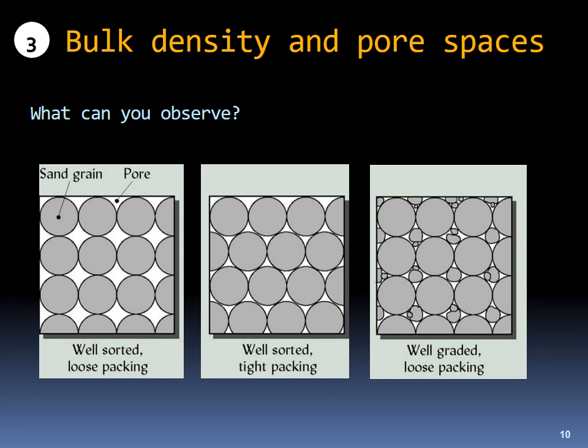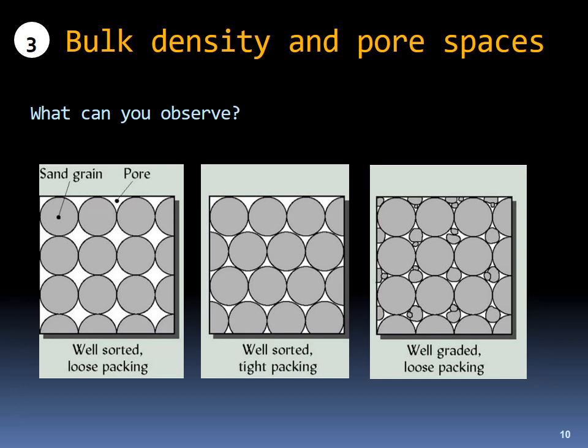Now think about it. In the third case, you have a combination of rounded particles and also smaller particles, and you would see that the space is even more occupied. Why? Because the spaces between the larger particles are filled with the small particles. So in this scenario you have more particles.